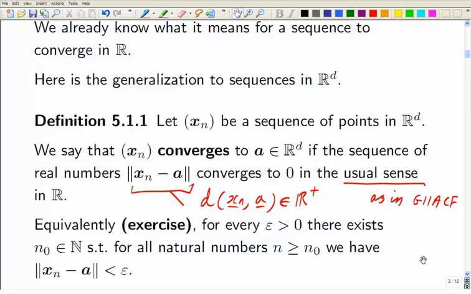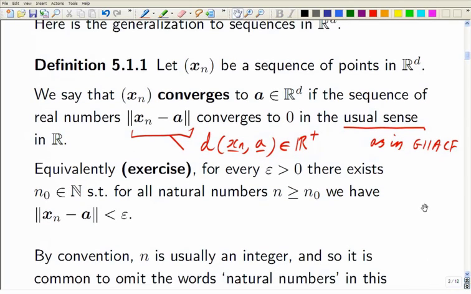Now, this is an equivalent epsilon n notation, and this is one of the definitions you saw in G11ACF. And I will return to this because this is actually a definition that's quite useful to work with. So it's for every epsilon greater than 0, there should be some big natural number, little n 0, or you can use capital N if you like, so that for all little n from that point on, the distance from xn to A must be strictly less than epsilon.